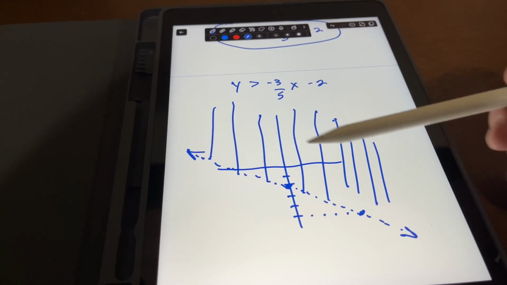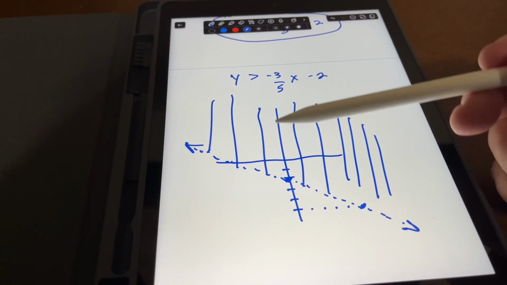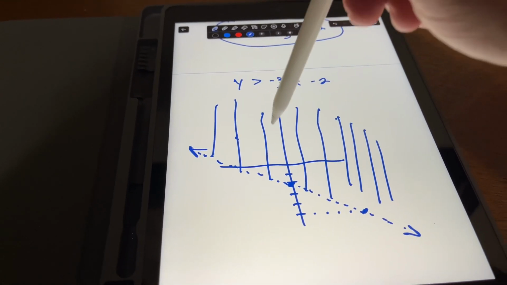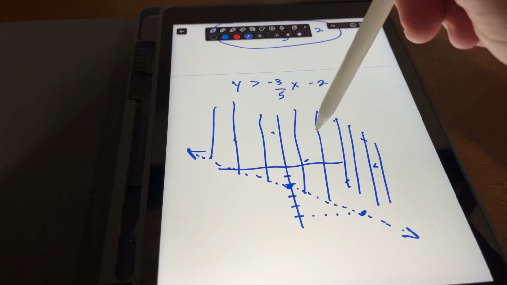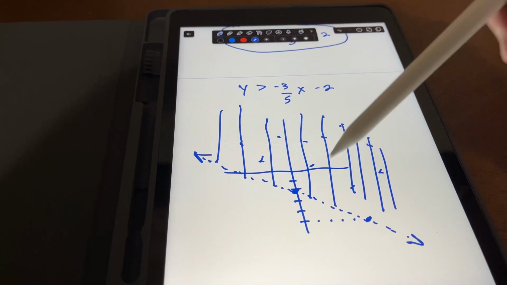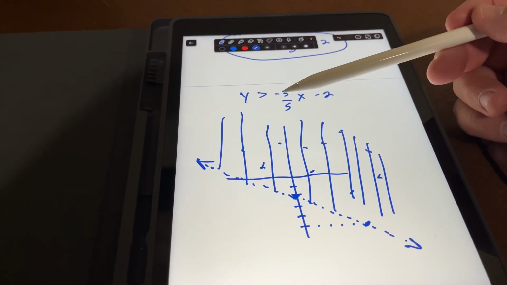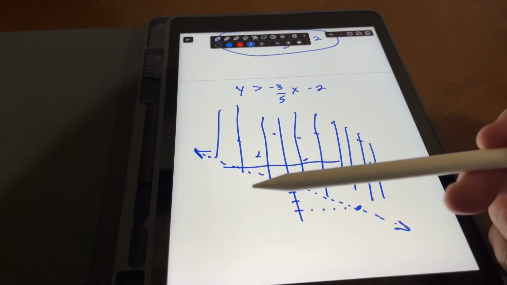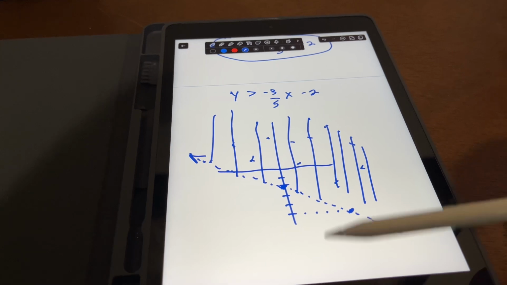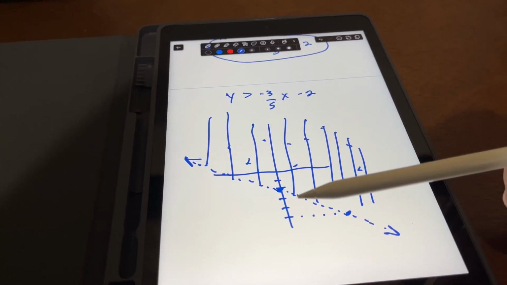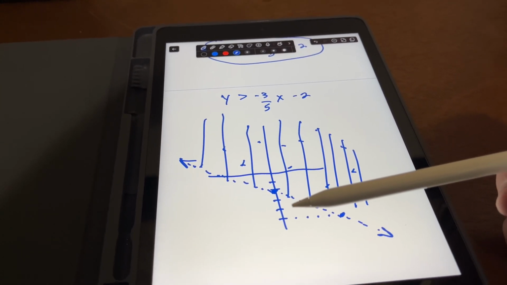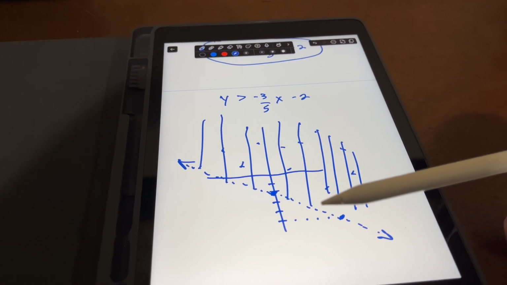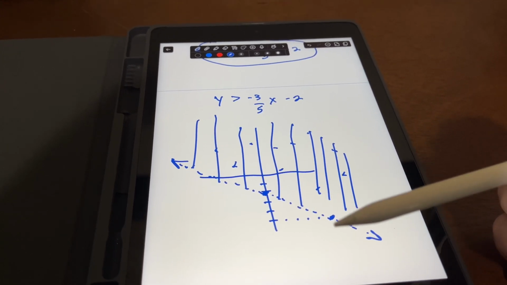What this shading means is any point that landed over here, any XY ordered pair over here, if I were to substitute it in here, it would make a true statement. And anything not in the shaded region, anything below here, or on a dotted line, would not be a solution. So that's the importance of a dotted line or a solid line.